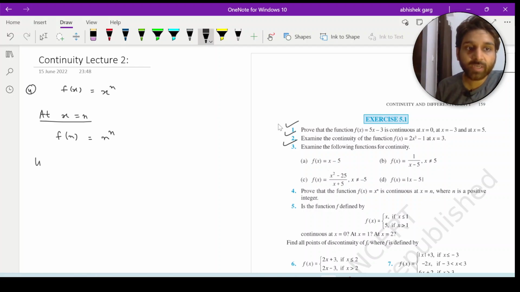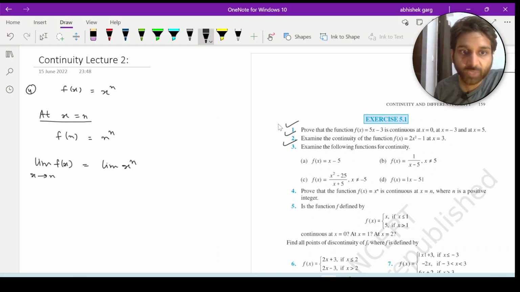After this, we will calculate the limit of the function when x is approaching n either from the left side or from the right side. So x is not exactly equal to n, x is slightly offset from n. Now what is f(x)? f(x) is x raised to the power n. So let us put the f(x) value, which is x to the power n, and write x tending to n. Now let us substitute x equal to n here.